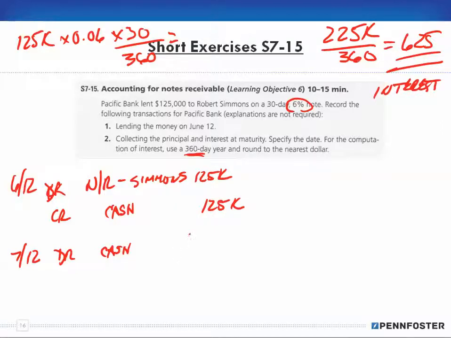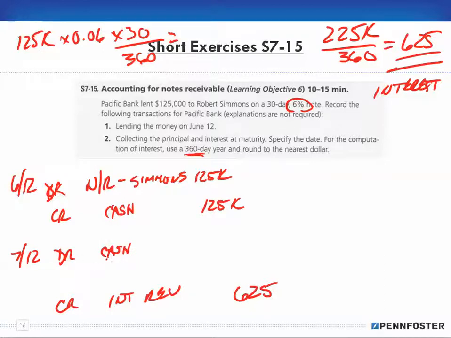Now, if that's my interest that I'm going to collect, remember, debits have to equal credits, so I'm going to credit my interest revenue account for $625. Now what I'm going to do is back into the amount that I should receive in cash, or in essence calculate it all out and figure out what my total cash should be.